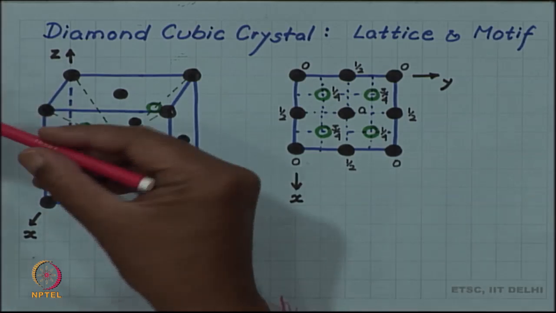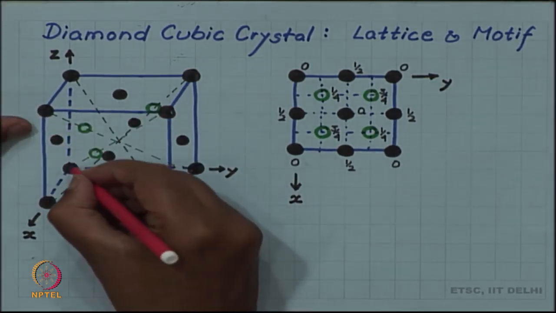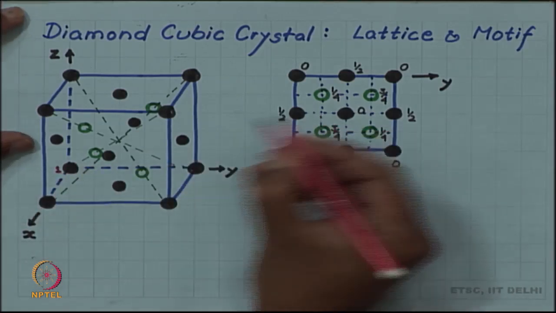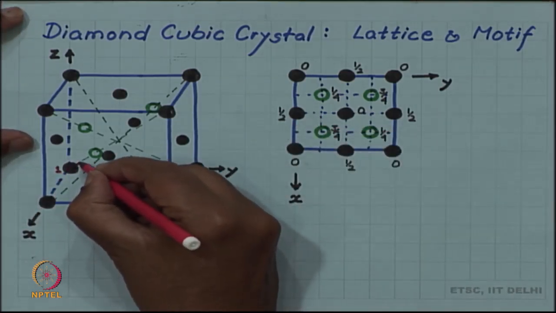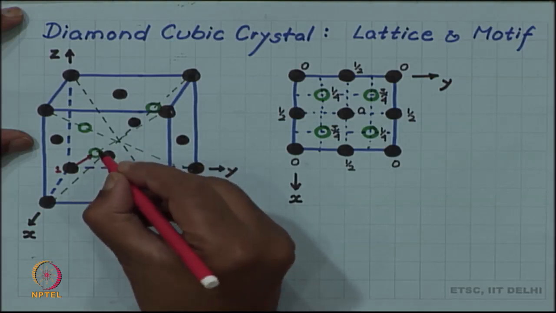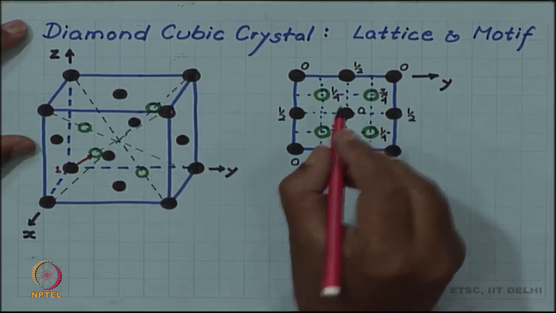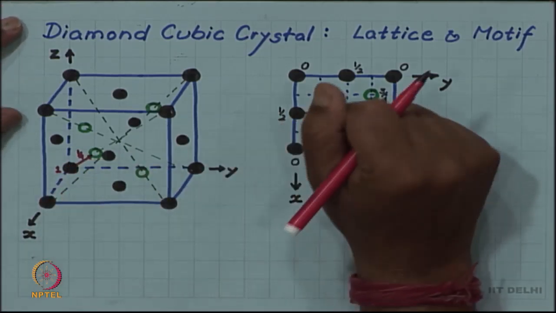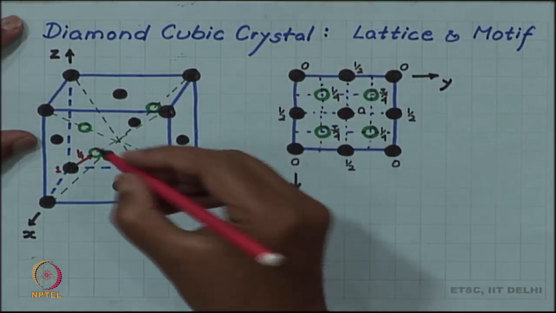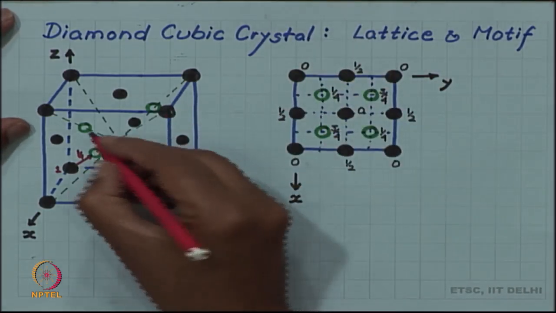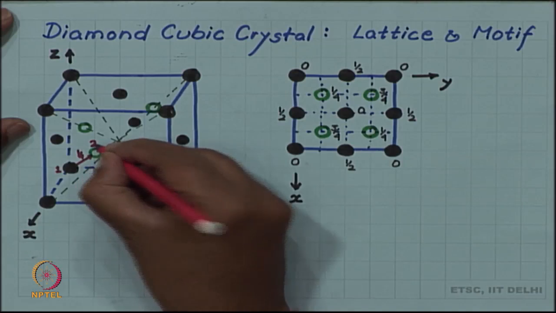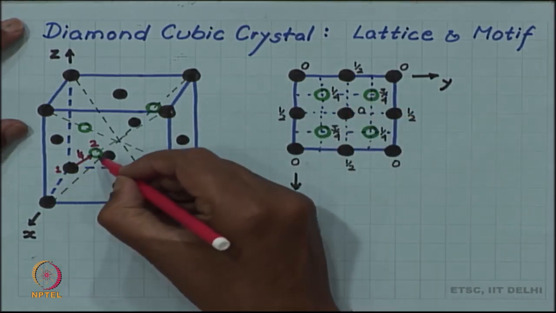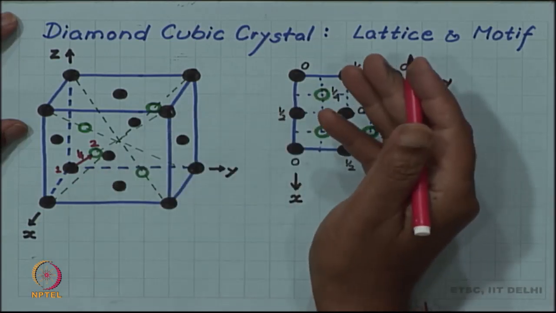go in this direction. Let us start with this as my lattice point, one lattice point, say 1, and from this I go along the body diagonal and I find this green atom, and I travel a distance of 1/4 along the body diagonal. So, 1 has a neighbor, let me call this atom 2, in this body diagonal direction at this distance.